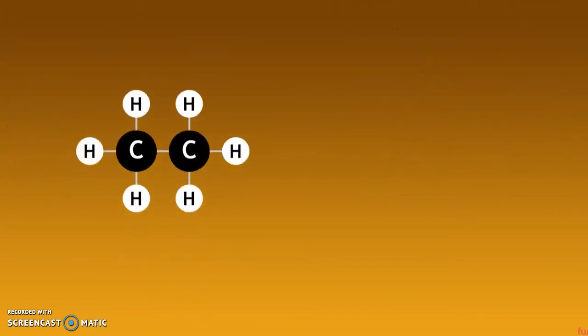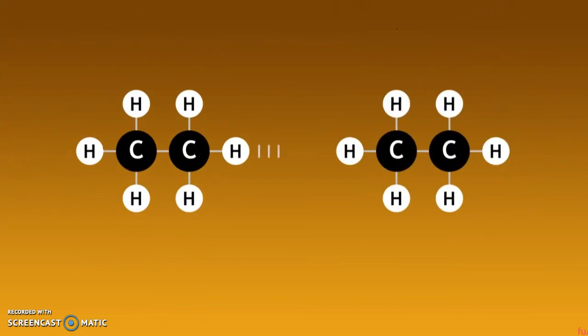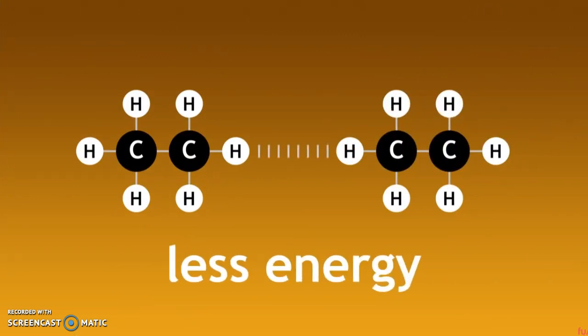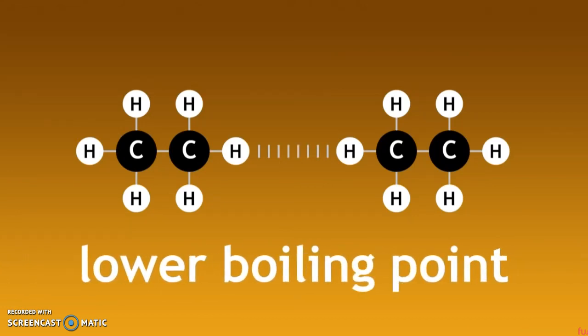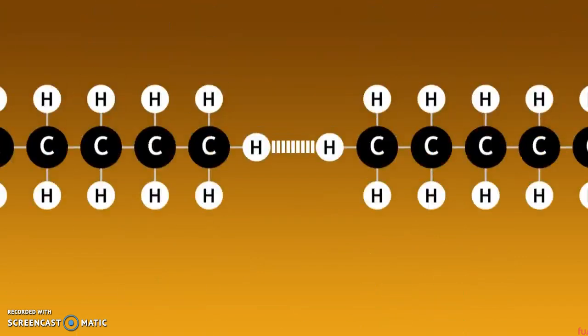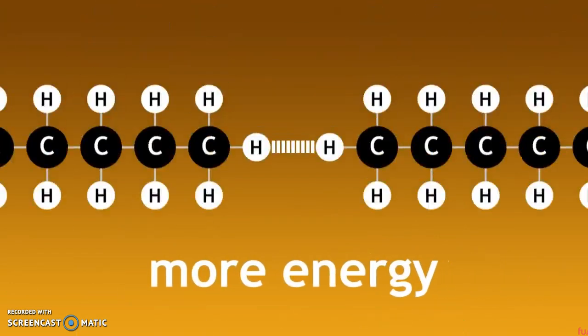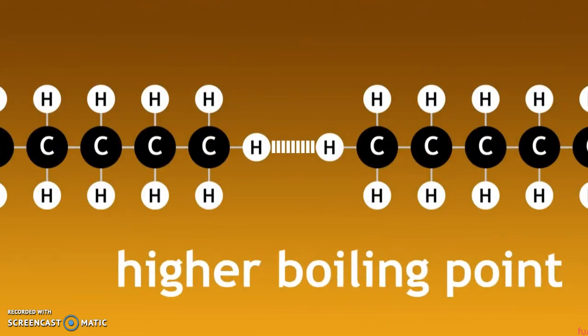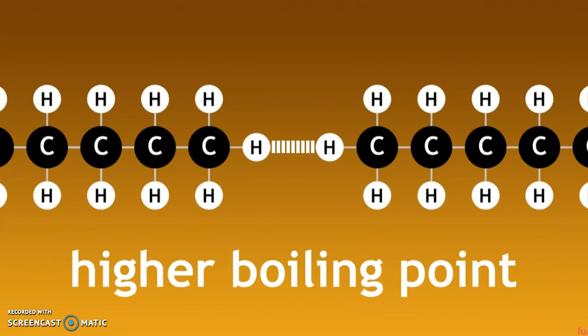As you can see here, the small molecules have weaker intermolecular forces, and so will require less energy to break them apart and turn them into a gas. They have a lower boiling point. The longer molecules have greater intermolecular forces. More energy is required. A higher temperature will be needed to evaporate these molecules. They have a higher boiling point. Now we understand how chain length is related to the boiling point of a molecule.